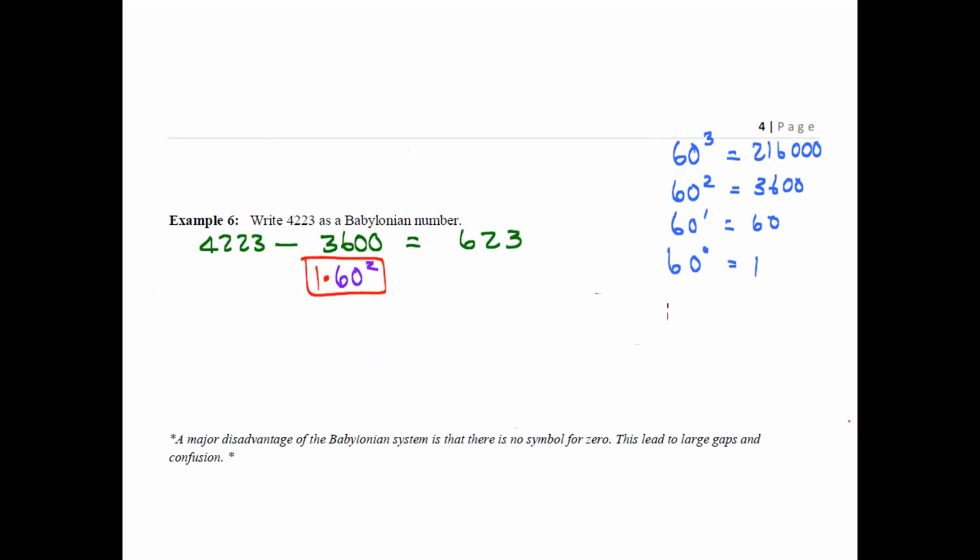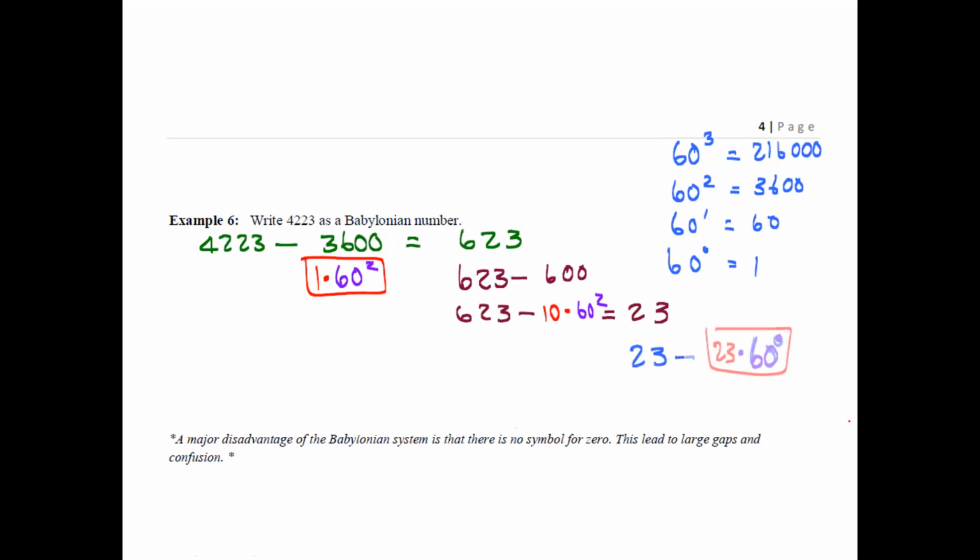So that's the same thing as saying 1 times 60 squared. Then, next one that we have is going to be 600. 620 minus 600 is the same thing as saying 10 times 60, which leaves me with 23. And the 23, there's nothing else you can do with it.